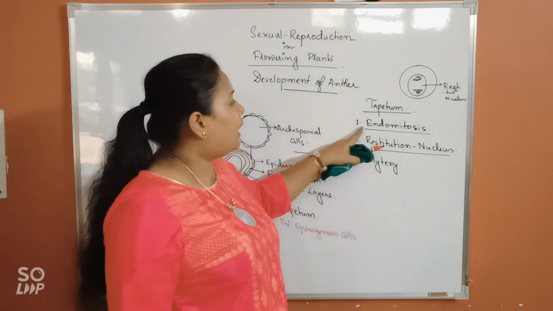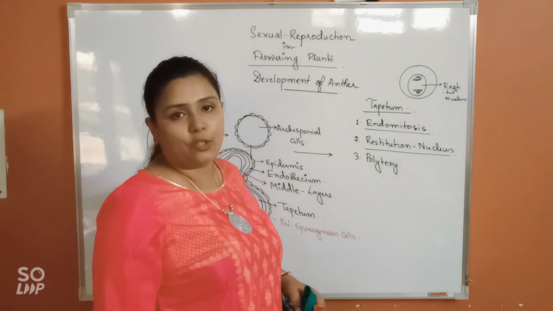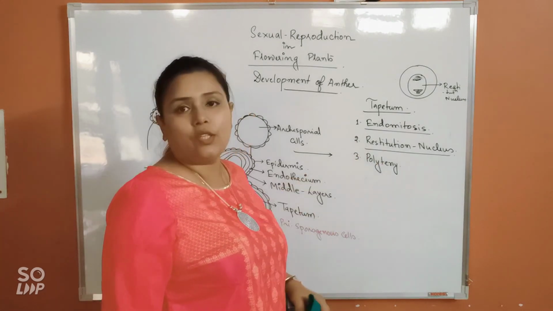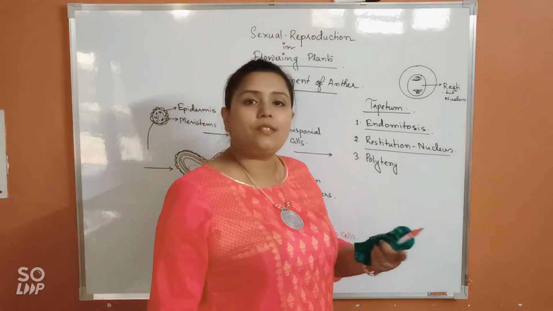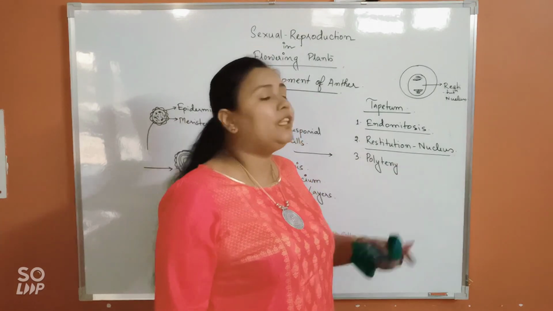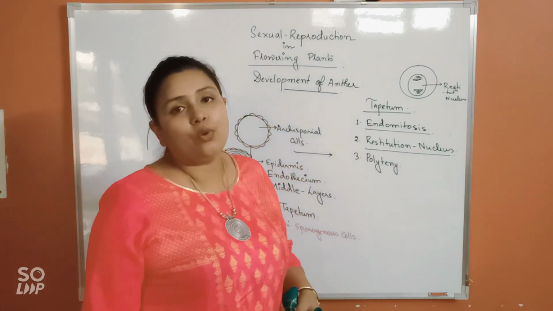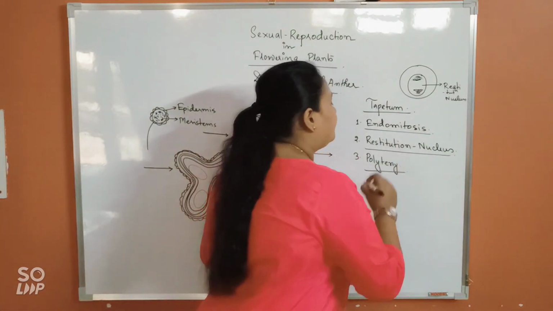Alright. So in endomitosis, the cell successfully completes telophase but cannot enter cytokinesis. In restitution nucleus, the cell successfully completes anaphase, but during telophase, instead of two distinct nuclear membranes, one single nuclear membrane is formed. That's why there will be a resulting restitution nucleus. Okay? Next, polyteny.